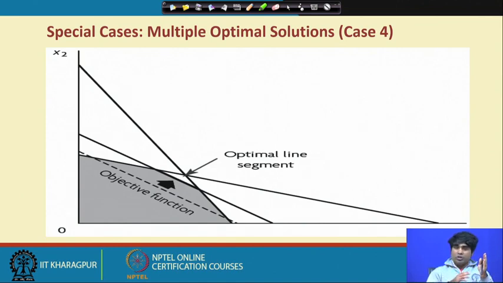Sometimes, depending upon the particular requirement, for instance, we have already discussed the case of economic feasibility and social feasibility. So, now if you have such a situation where the solution is of multiple types, then you can choose a particular option which may not affect the objective function, and then it may reach the social objective rather than the economic objective.